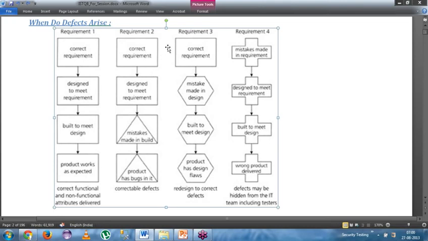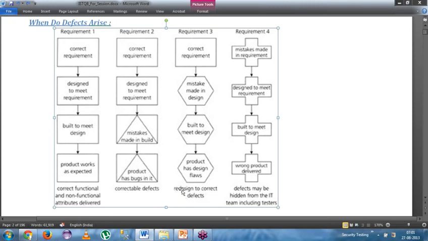Fine. Let us now see a little more riskier issue. For example, in one of the requirements, you have the requirement correct, but you made a big mistake in your design. So when your design is wrong, your build or your coding would be wrong and your product will have serious defects. We have to do the redesign to correct the defects.